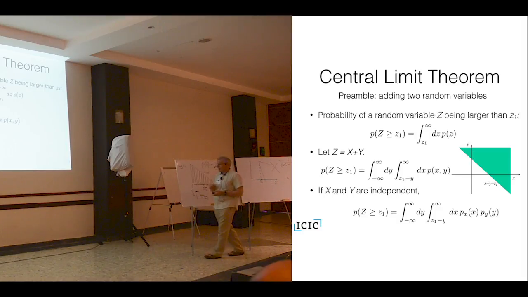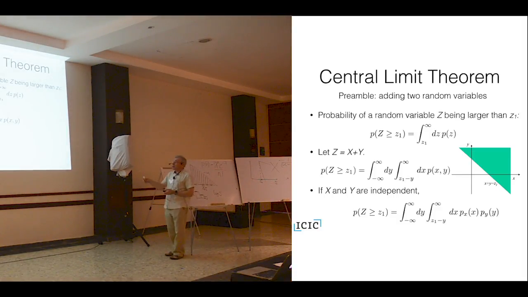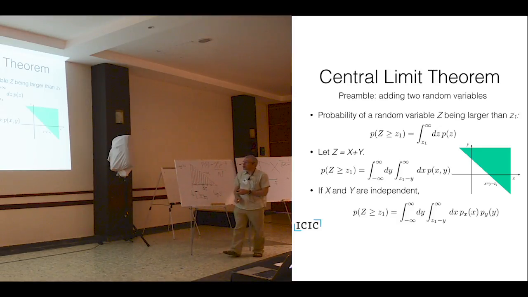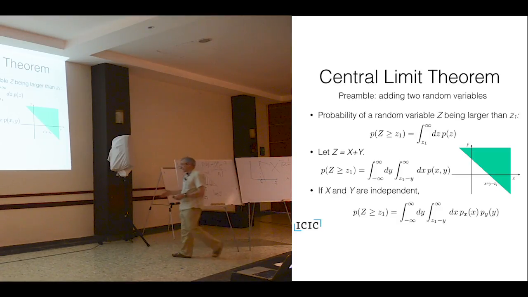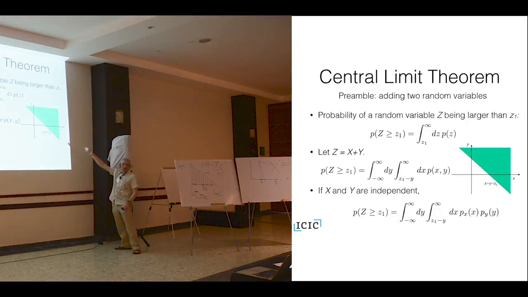Then the probability of the sum being larger than z1 is given by the joint probability of p of x and y integrated over the region of xy space that has x plus y larger than z1. So that restricts us to the green part of this going off to infinity.